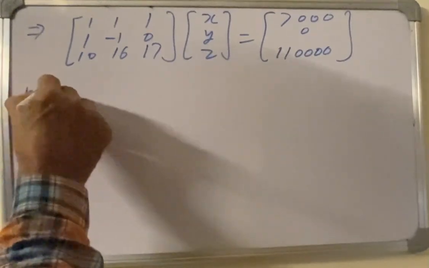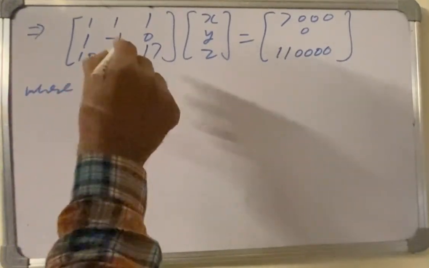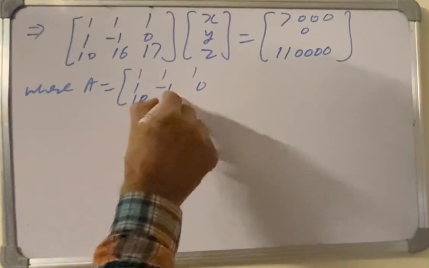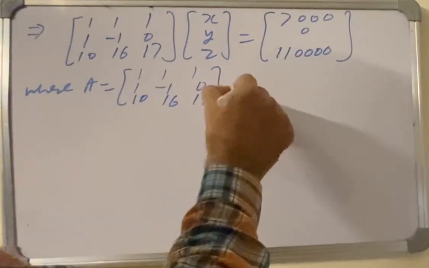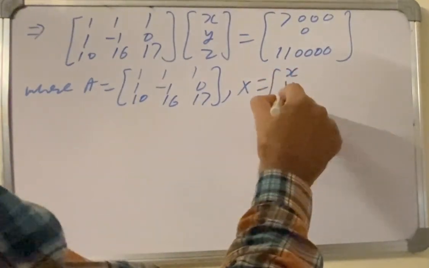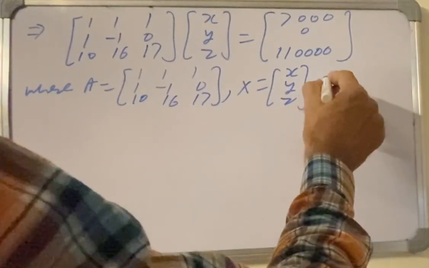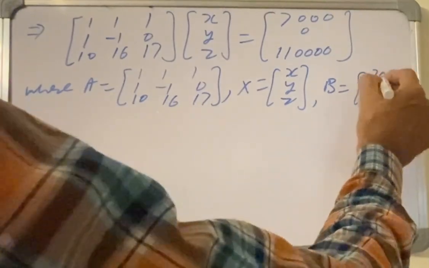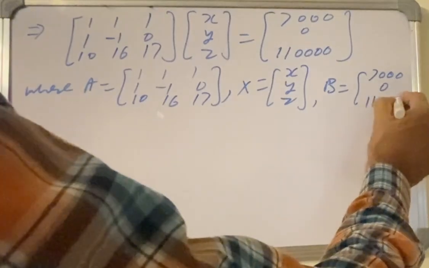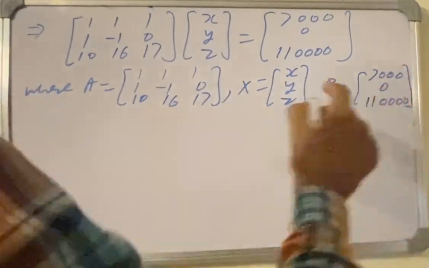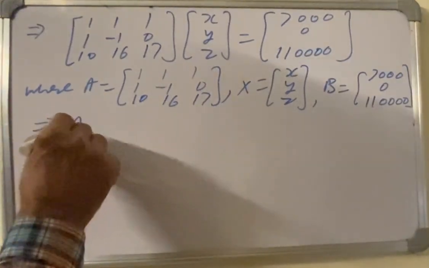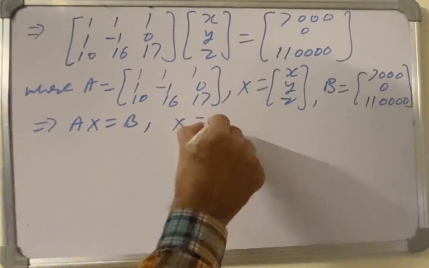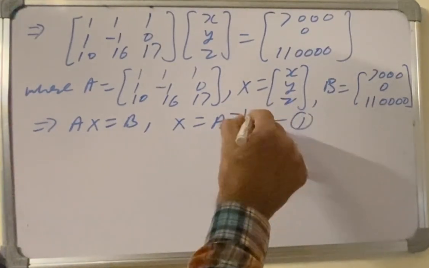Where A is the matrix 1, 1, 1; 1, minus 1, 0; 10, 16, 17, X is the column X, Y, Z, and B is the column 7,000, 0, 1,10,000. This is equivalent to AX is equal to B, and X is equal to A inverse B. This is number 1.